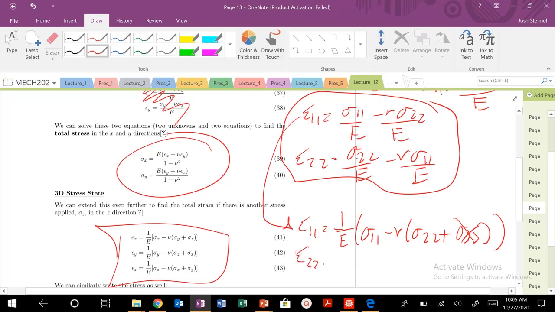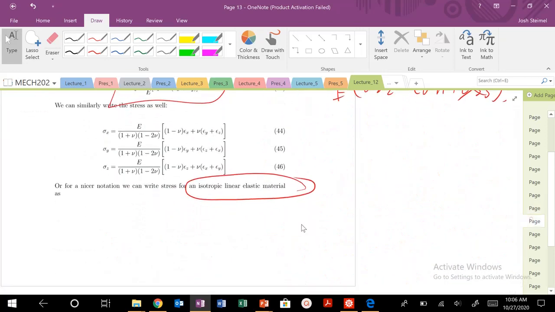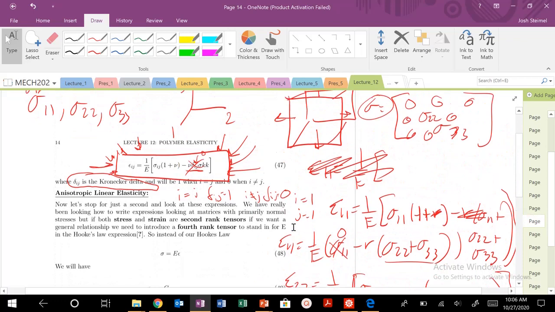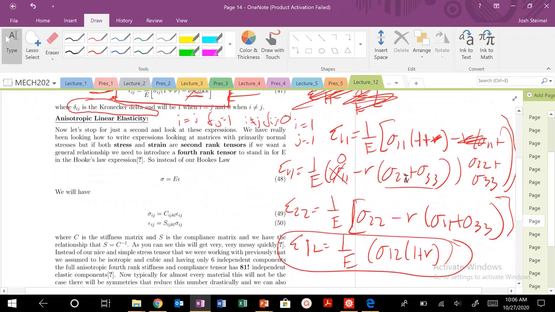Same thing for epsilon 22: 1 over E, sigma 22 minus nu times sigma 11 plus sigma 33, and sigma 33 is equal to 0. And you get the expression again. So from this thought experiment, we recover this expression right here. So ignore that first little mind gap, and this is the expression that we're going to utilize.